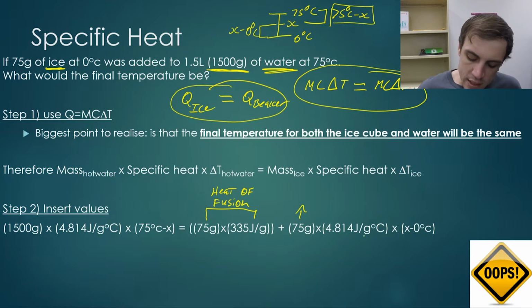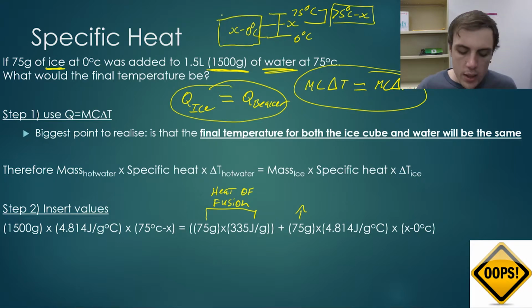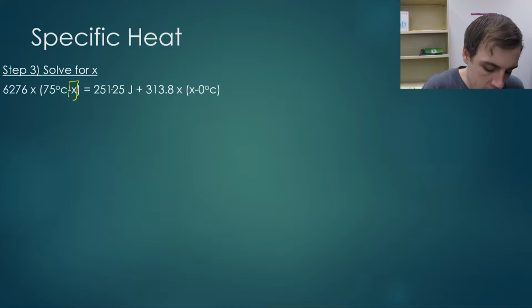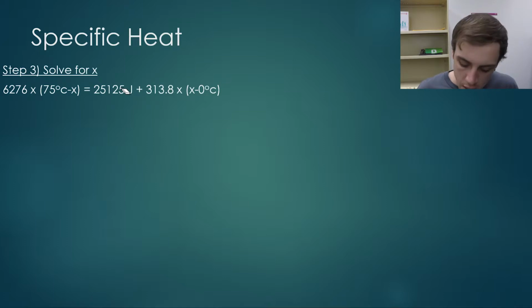We then have the specific heat of our ice. And again, we have our change in temperature, which we got from over here. Now, our next step is to solve for X, okay? We know that X is going to be the same on both of our sides, here and here. So now we need to rearrange and solve.